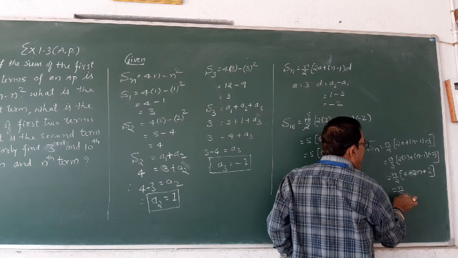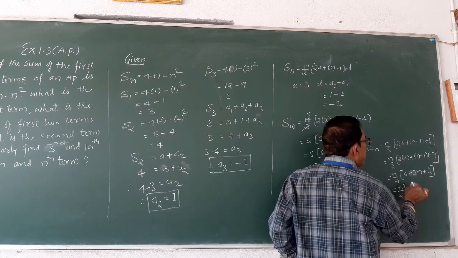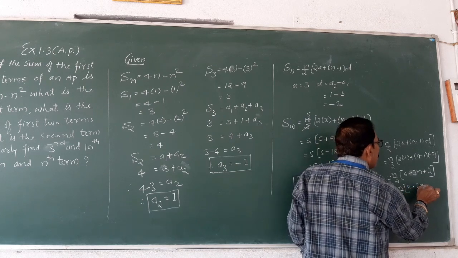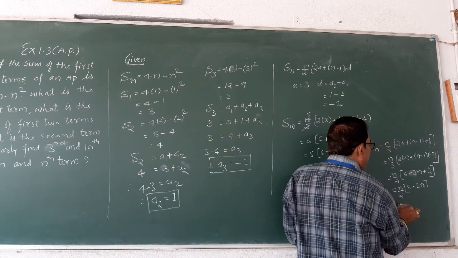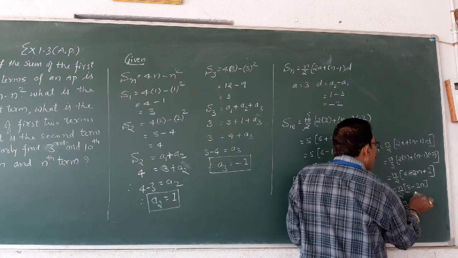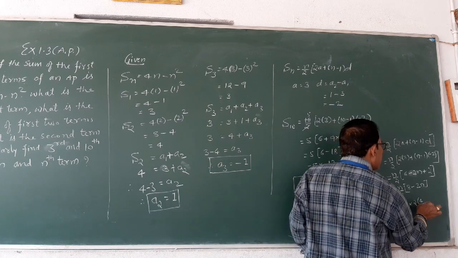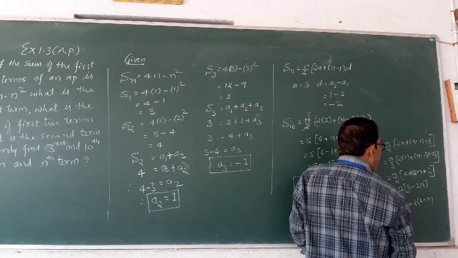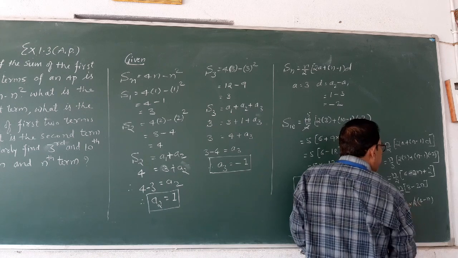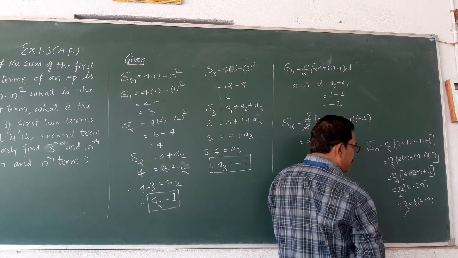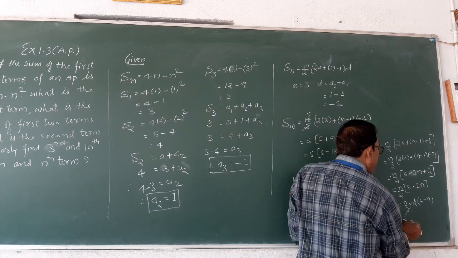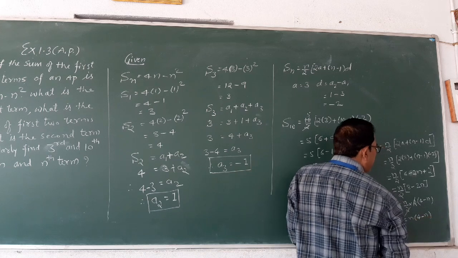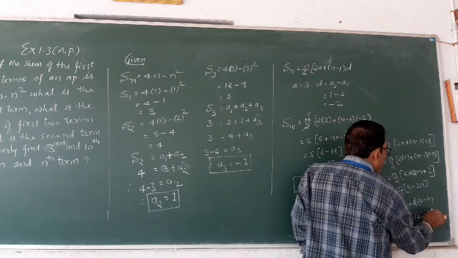So n by 2 in the big bracket 6 plus 2, that is 8 minus 2n. Then n by 2 into 2 is common, that is 4 minus n. 2 gets cancelled. Therefore, n into the bracket 4 minus n is the sum of n terms of the AP.